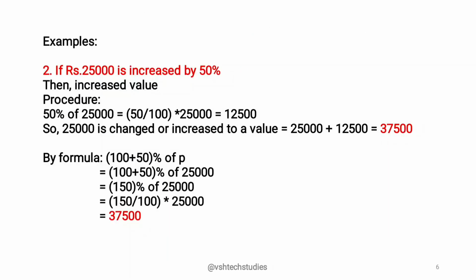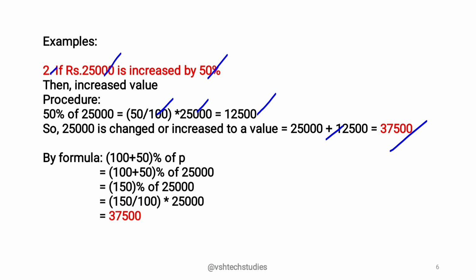Next, taking a second example, 25,000 is increased by 50%. What is 50% of 25,000? It is 50 upon 100 into 25,000, which is 12,500. If you add it to 25,000, it becomes 37,500.